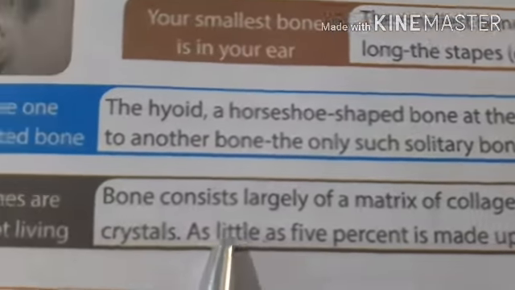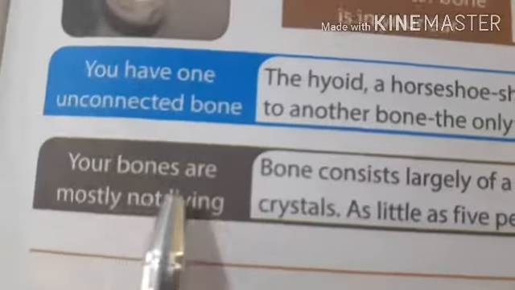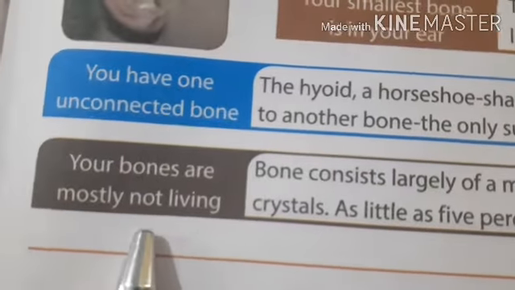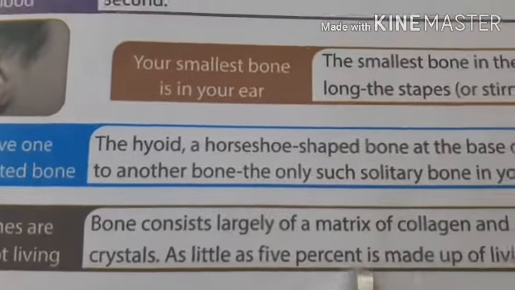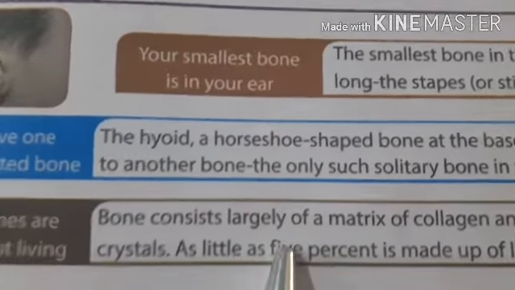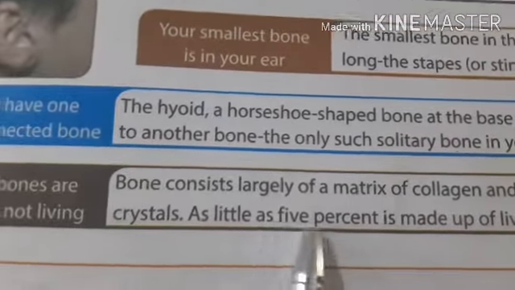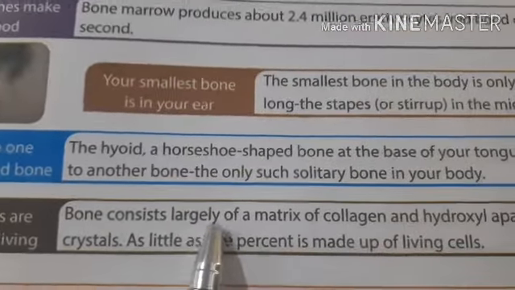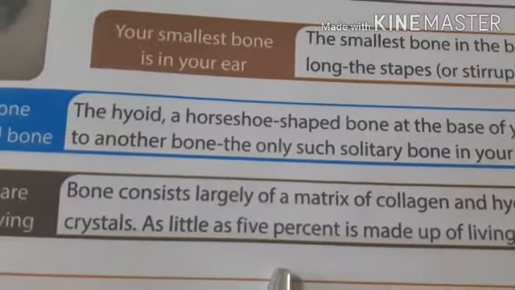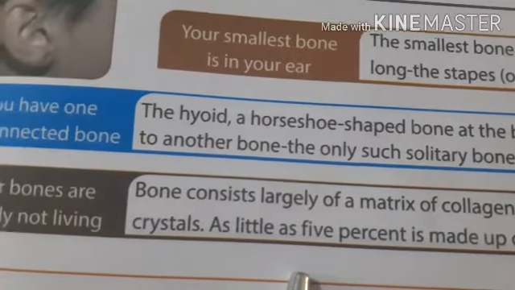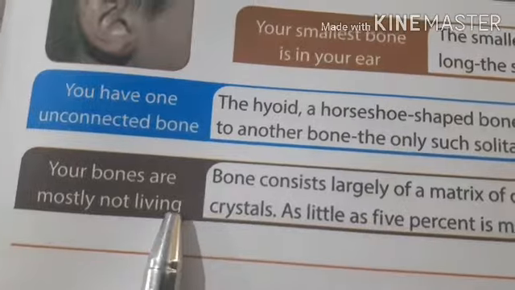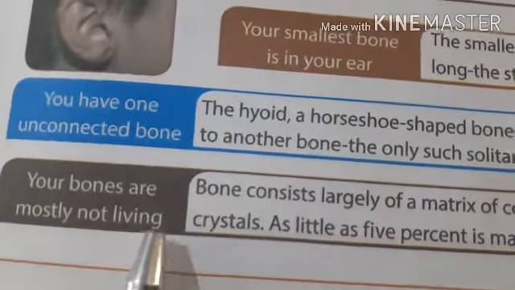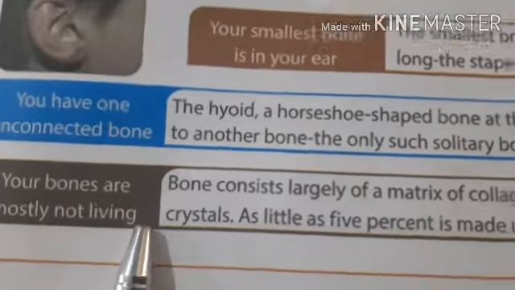It means that our bones are mostly non-living. Only 5% is made up of living cells and 95% are non-living. So our bones are mostly non-living.